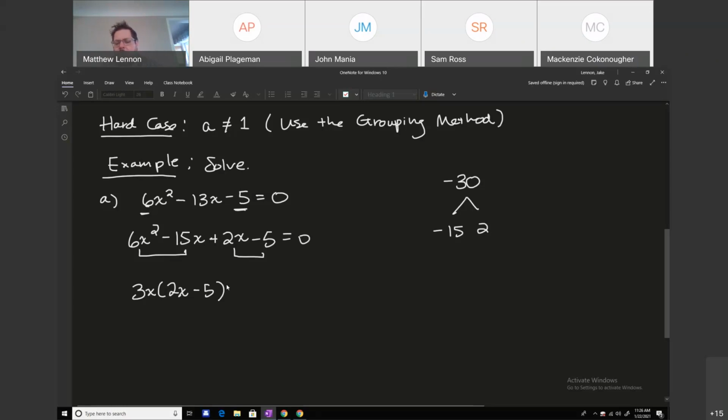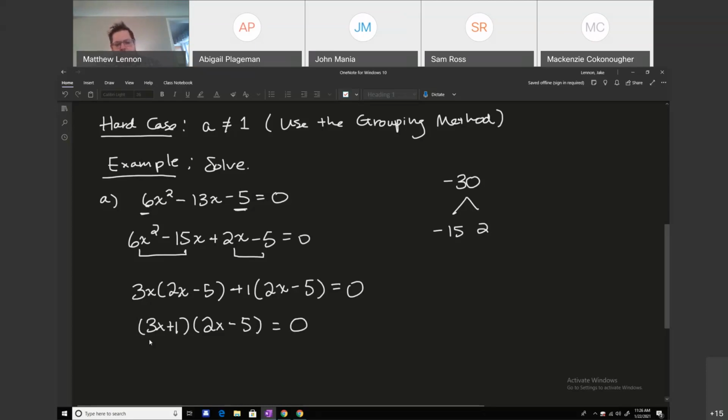They don't have any common factors of x or numbers that divide both integers. So what we can do is we can just write a 1 in front and then put that in parentheses as well. And now the parenthetical quantity, 2x minus 5, we can pull out. So we get the numbers in front as one factor, 3x plus 1, and 2x minus 5 as the other number.